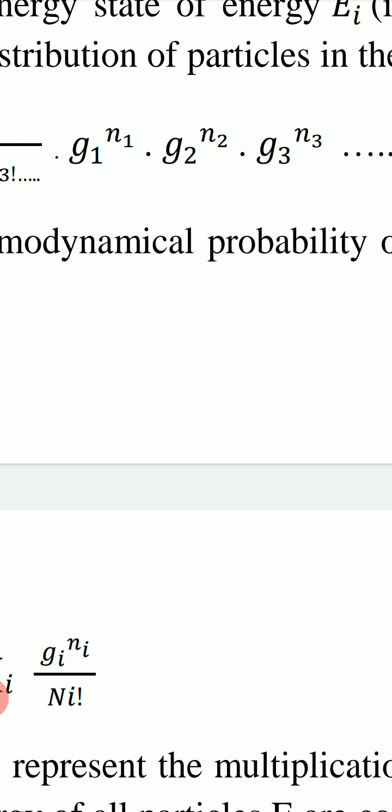If n1 particles are distributed among G1 energy levels, then thermodynamic probability will become G1 to the power n1. Similarly, n2 particles are to be distributed among G2 levels, so we have to multiply by G2 to the power n2 and so on.